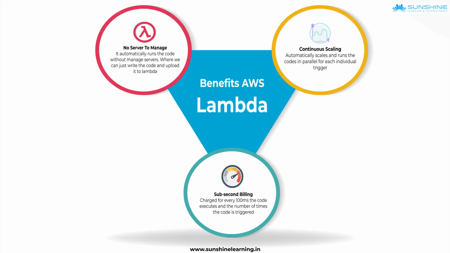Sub-second billing: it is charged for every 100 milliseconds the code executes and the number of times the code is triggered. And likewise, there can be many other benefits of AWS Lambda. Like you can automate your IT infrastructure. You can have a pipeline created. You can create code in different development environments and post it on the Lambda function.